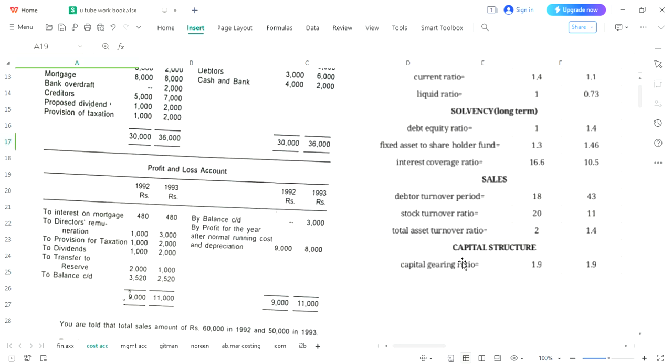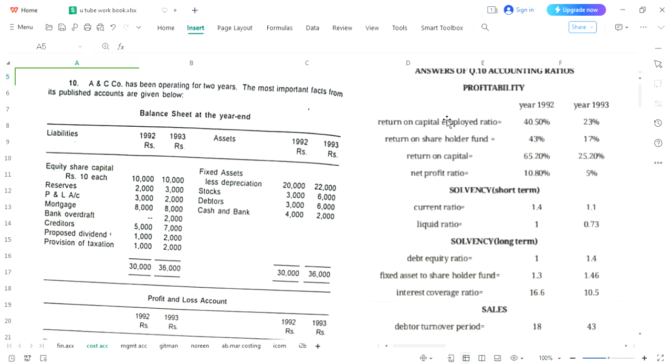You will have to memorize how many ratios are present in profitability, how many in solvency short term, and how many in solvency long term. These names may or may not be given in your paper, so you will memorize them. Let's say your question says solvency short term. Then current and liquid ratios are required to be calculated. These ratios would not be named; you will automatically understand that we are required to calculate them.